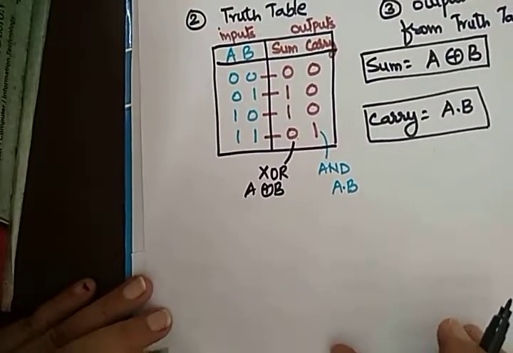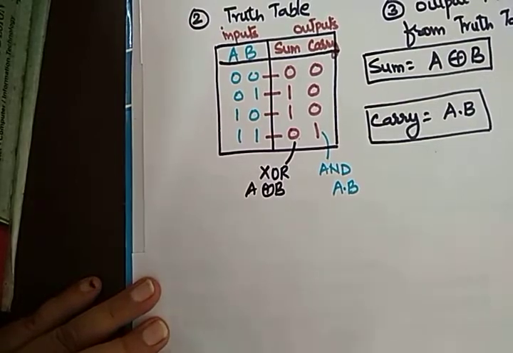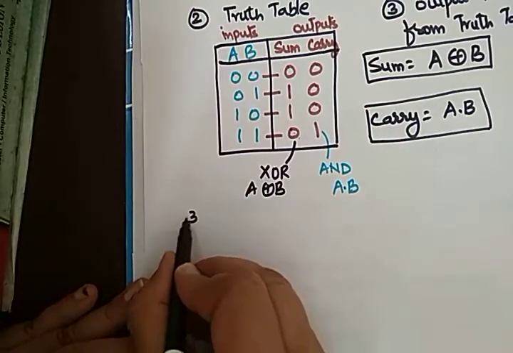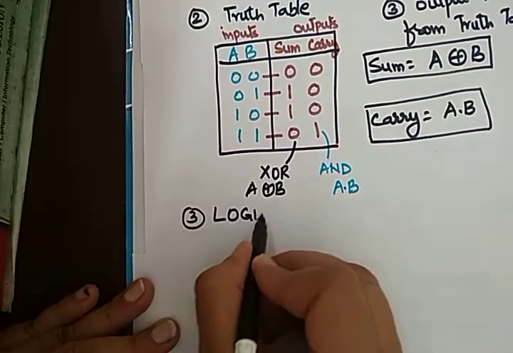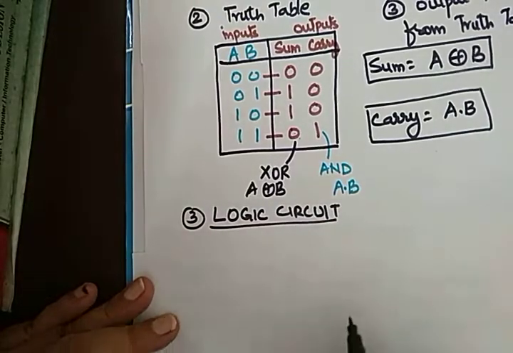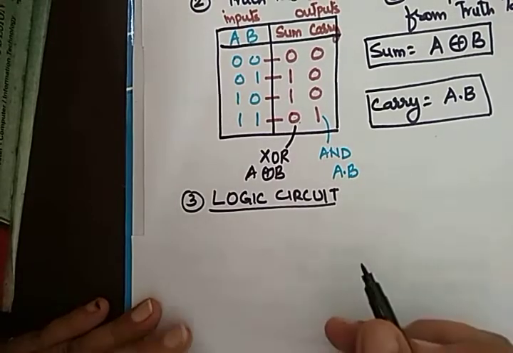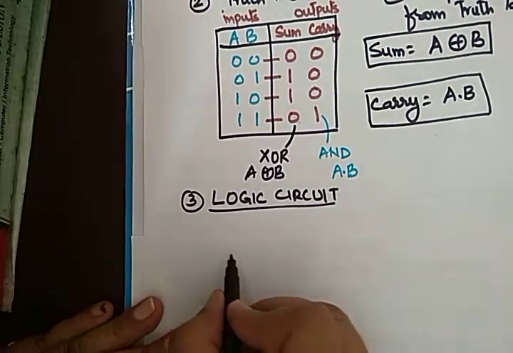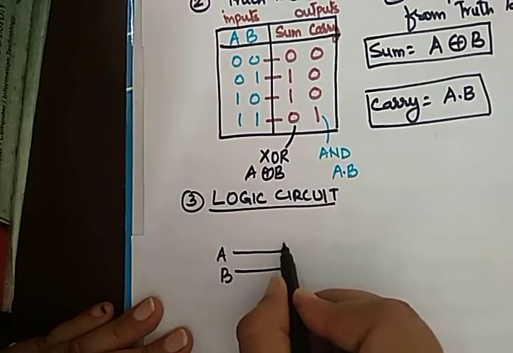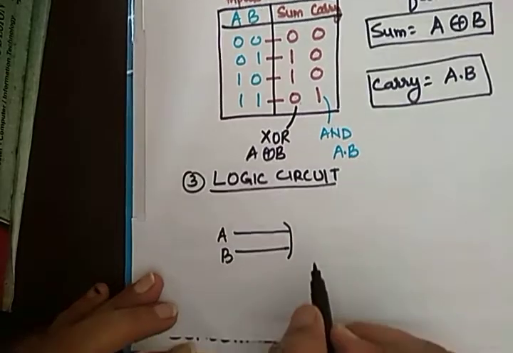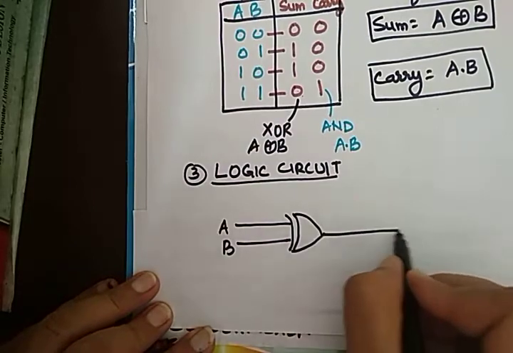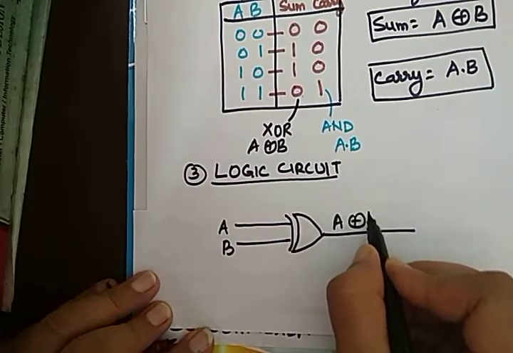The last step in completing the combinational circuit is to draw its logic circuit, consisting of the various combinations of gates. The half adder has two inputs A, B. The sum output is generated by using an XOR gate between A and B, which generates the A XOR B function.